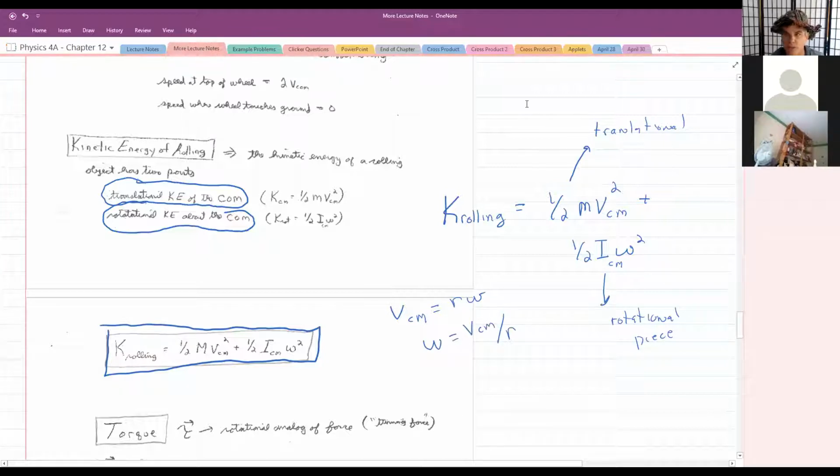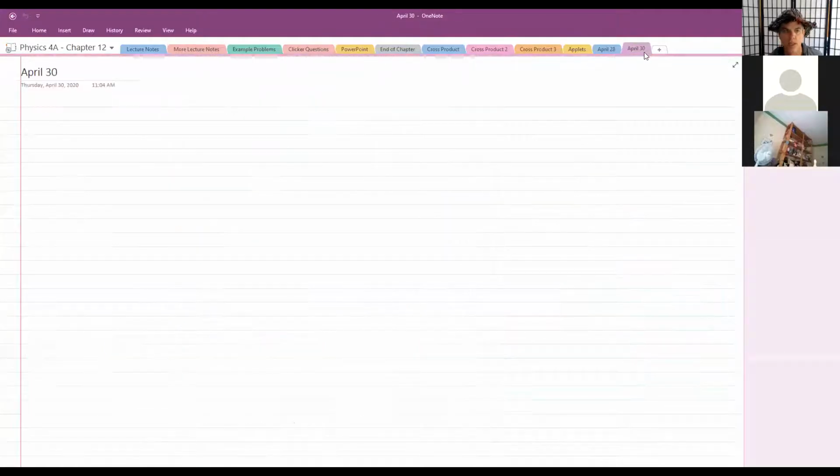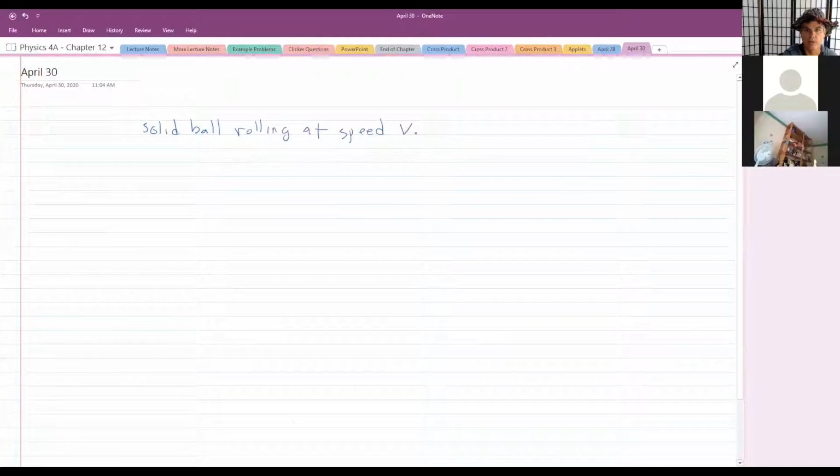So for example, if I have a solid ball which is rolling, let's say, at speed v, and I want to know what is the total kinetic energy.